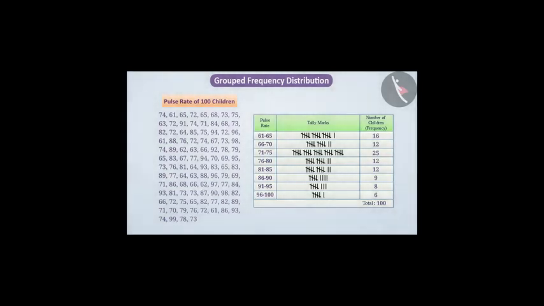That means, what is the frequency of each class interval? This type of table in which the data is grouped or organized by grouping is called a grouped frequency distribution table. Now, we can get information from this table more easily, like the pulse rate of 25 children is between 71 to 75.